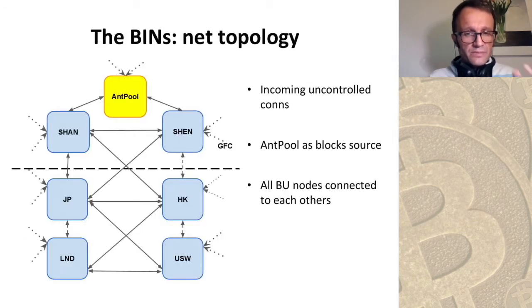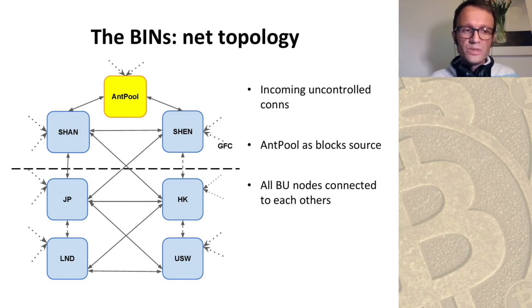So at the end of the tests, we decided to relax the constraints that we put on our network topology in such a way that we could measure and have an idea of a more real environment, so we have a new network topology where all incoming connections are uncontrolled.